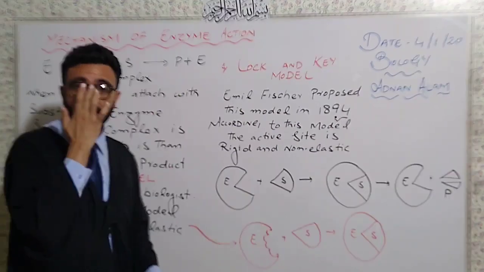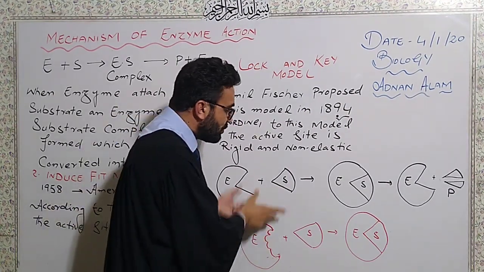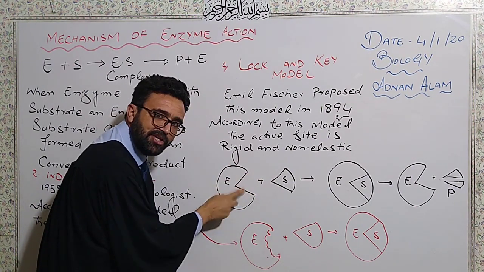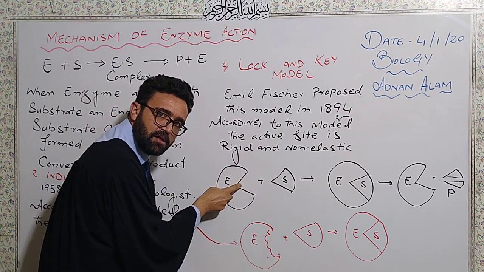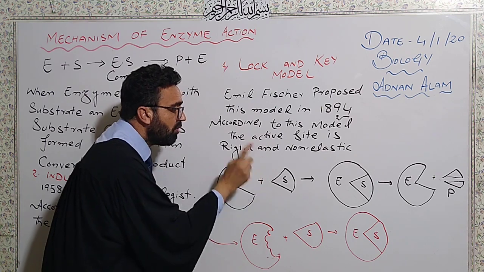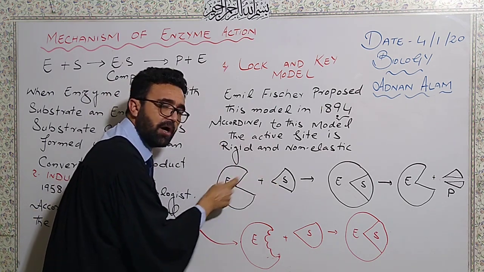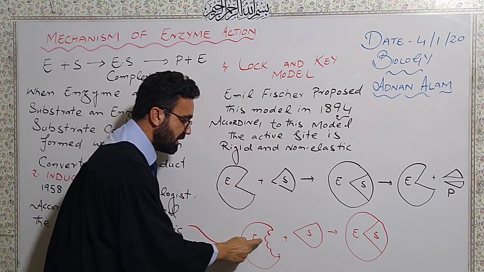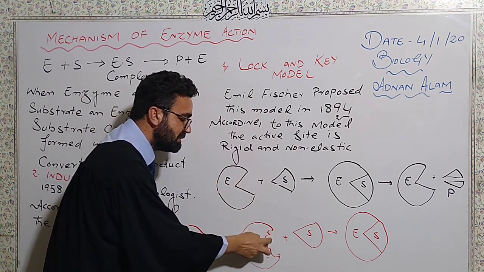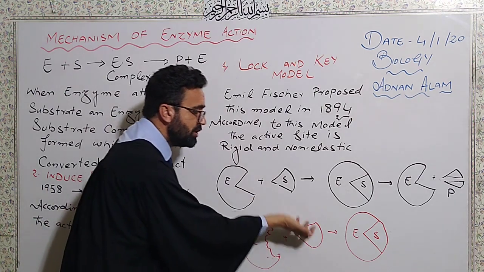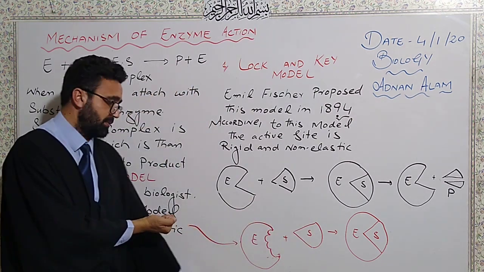Dear students, this is the main difference. Here the active site is rigid and non-changeable, and it will fit only with those substrates which have the same shape as the active site. And the induced fit model tells us that the active site can be changed according to the shape of the substrate.